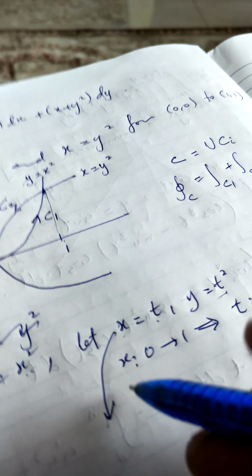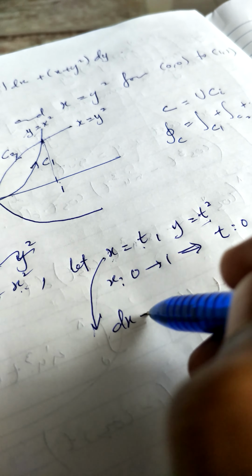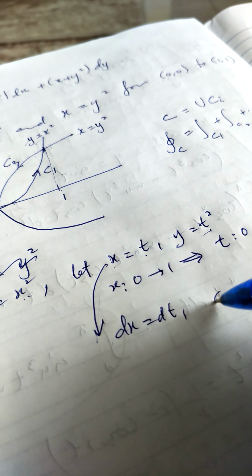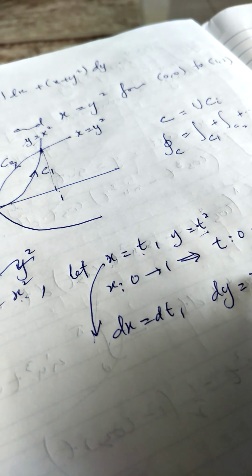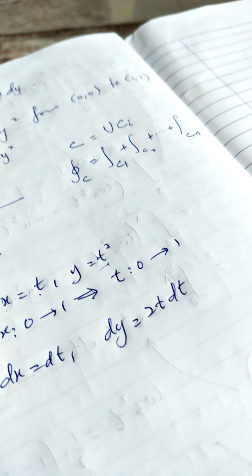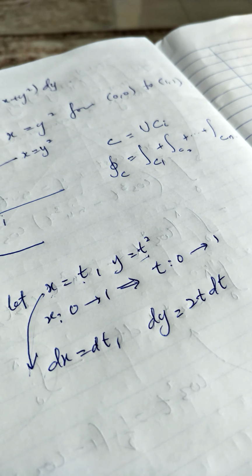Okay, differentiate that. We have dx equal to dt, dy equal to t dt. Then you can substitute everything.